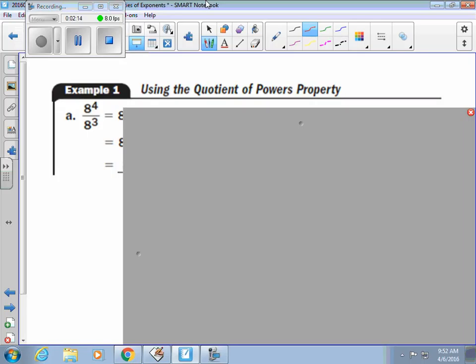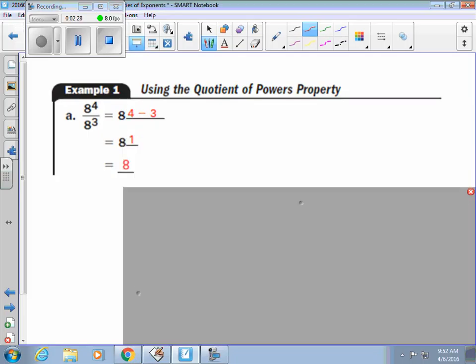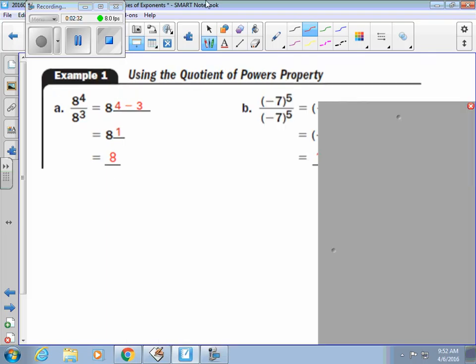8 to the 4th divided by 8 to the 3rd. Dividing the same base 8, you subtract 4 minus 3. Subtract the exponents. That gives you 8 to the 1st power, and anything to the 1st power is whatever it is. The second one, negative 7 to the 5th divided by negative 7 to the 5th.